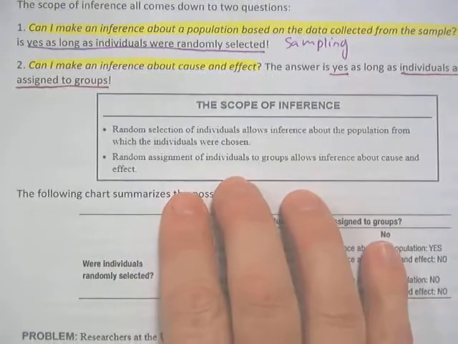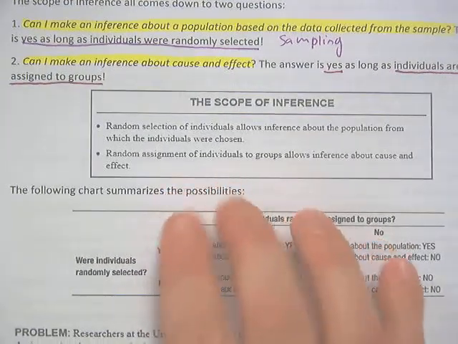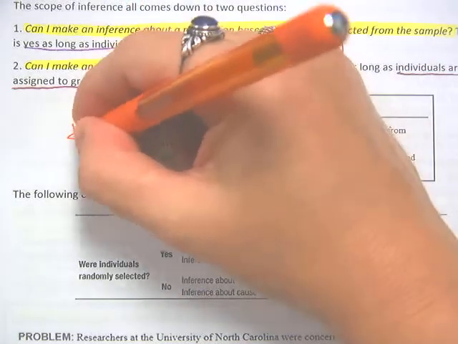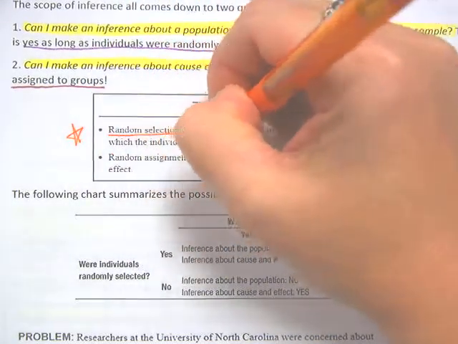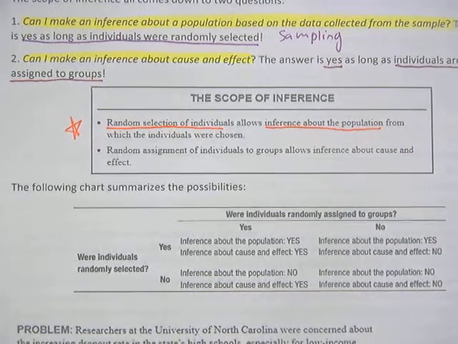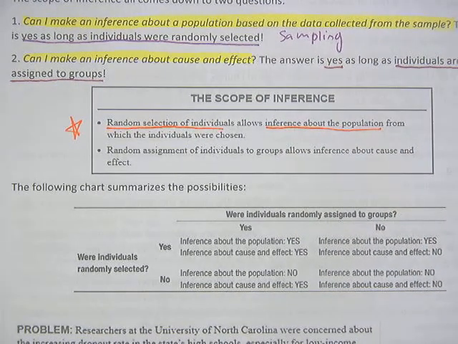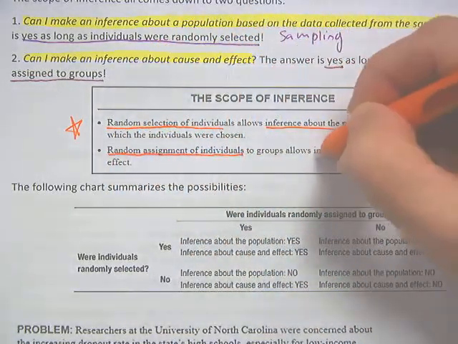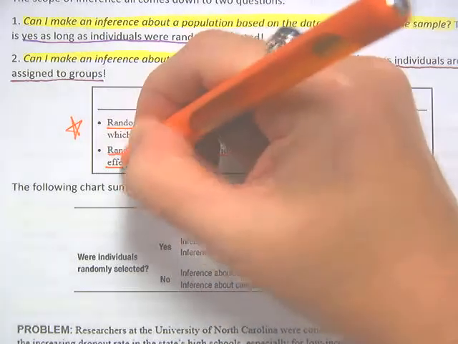This little box sums it up for you. Random selection of individuals allows for inference about population, that the individuals were chosen from. Random assignment of individuals to groups allows for inference about cause and effect.